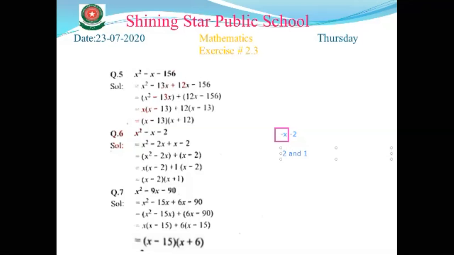Now the difficulty is which sign we write with 2 and which sign we write with 1. Okay, because if we write 2 minus 1 equal to 1, and if we write minus 2 plus 1 equal to minus 1.